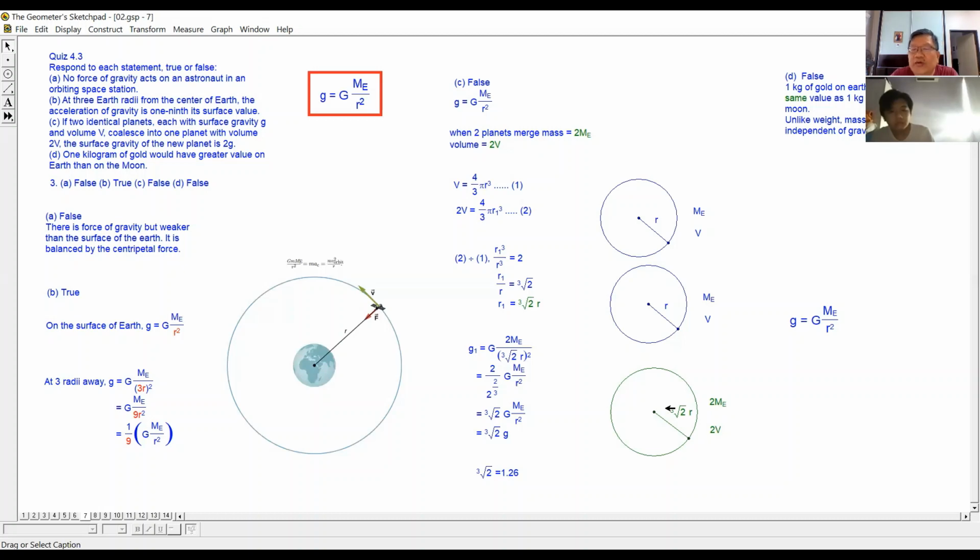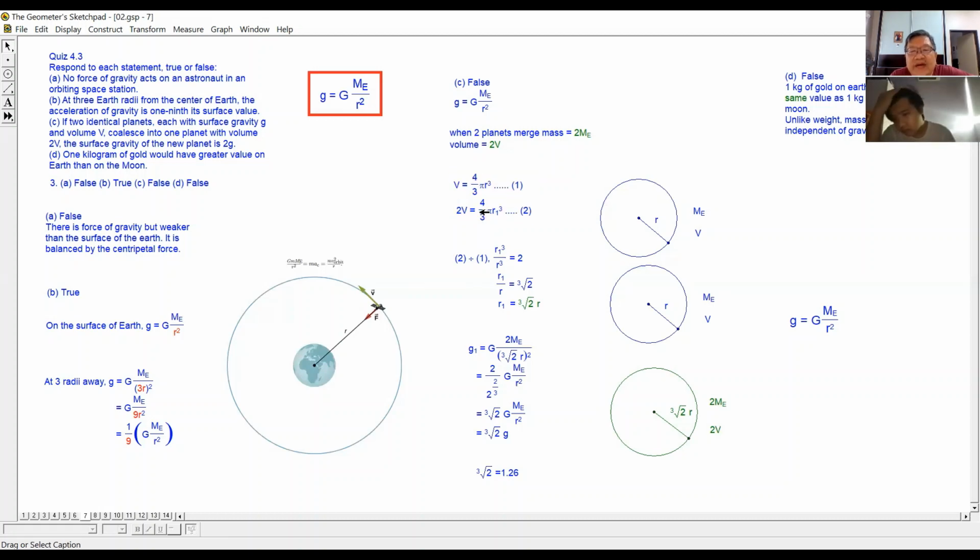So I'm going to use the volume of a sphere. Now we know that the volume of a sphere is 4 over 3 pi r cubed. This first equation describes the single original planet. Now let's look at the new planet. The volume is no longer V, but is 2V.